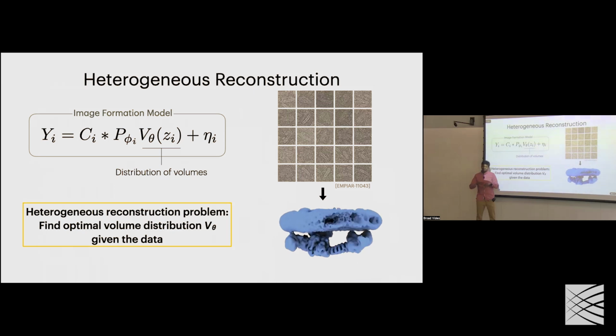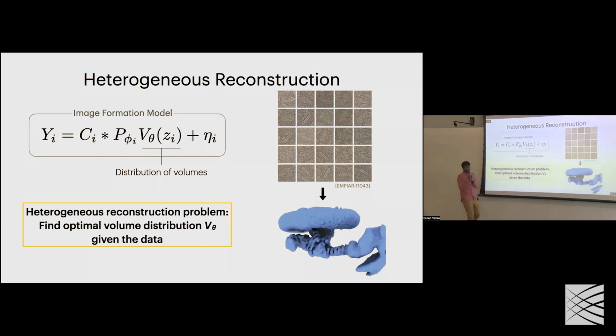In terms of continuous heterogeneity, you can imagine you have a molecule with some domain that undergoes some sort of linear one-dimensional motion. This z_i you can think of as some latent variable corresponding to values of that reaction coordinate along which that domain moves. And so this expression is saying for the conformation of a given particle, we plug this into this distribution, which parameterizes a volume given that specific conformation.